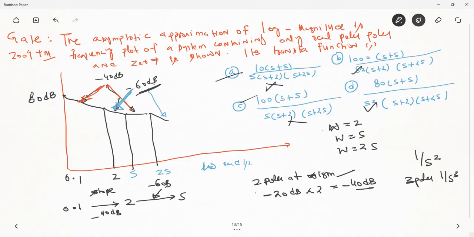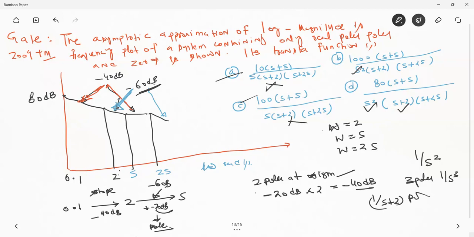That means there is an addition of another minus 20 dB. If you add minus 20 dB to minus 40 dB, this contribution is due to a pole. So the pole is at 2, which means 1 by s plus 2 is also a pole.